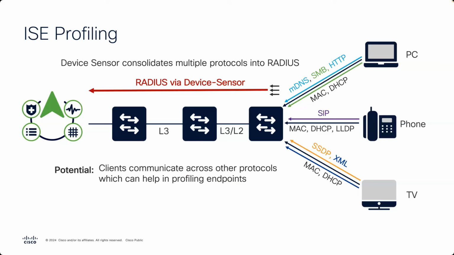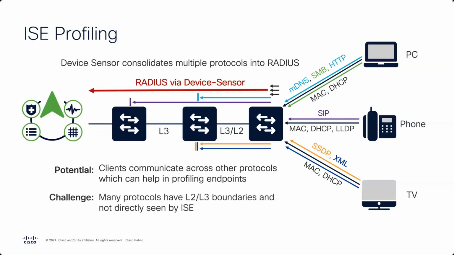They're using multicast DNS, or SSDP advertisements, or if it's a phone, it's using SIP, or IoT devices use universal plug and play advertisements that send out a lot of information about themselves. Those protocols would be really great to use for profiling, but they hit layer 2 or layer 3 boundaries before they can actually get to ISE. So all that data is lost. We don't have the ability to see that information in ISE.